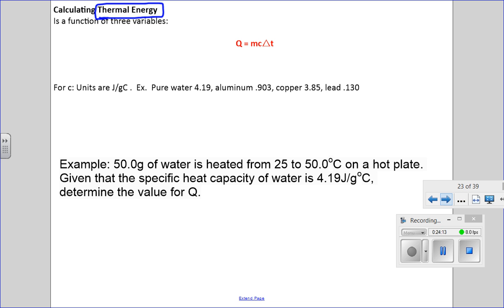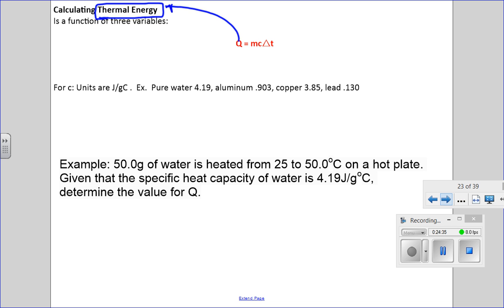And then near the bottom of the formula sheet are the constant values. For example, I already wrote down the value for water, 4.19, but there's a few other constant values that are on there that we'll end up using either on practice questions or on quizzes or on tests. So we'll talk about this formula.